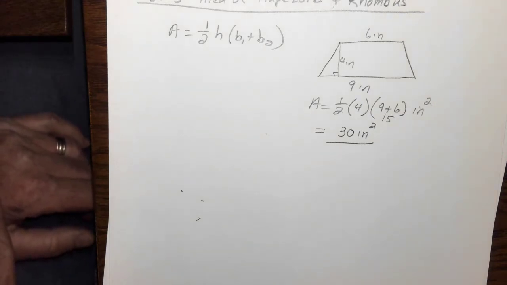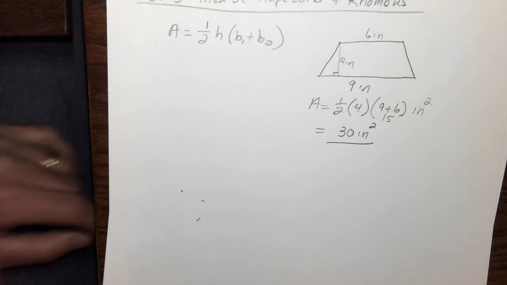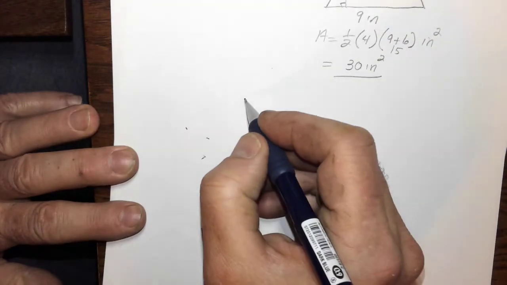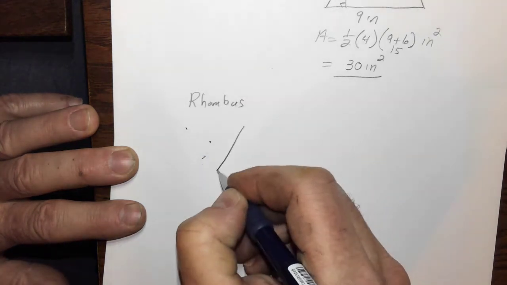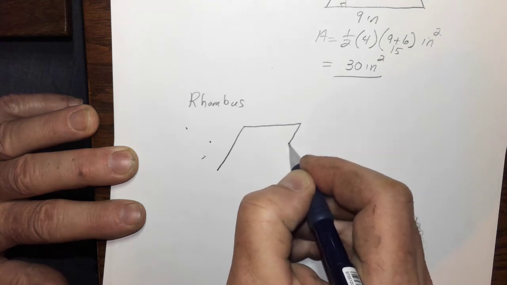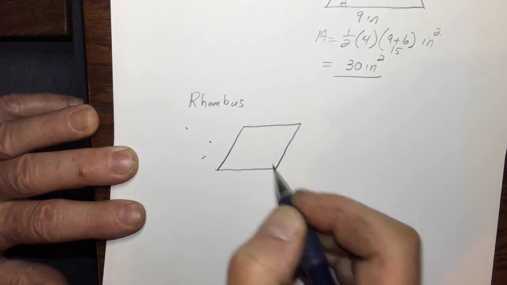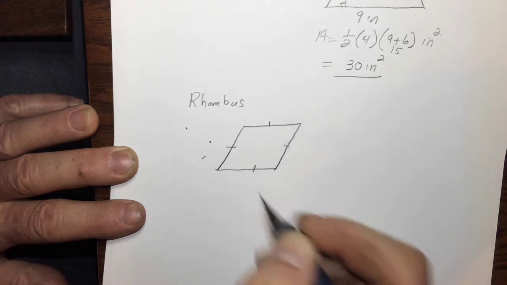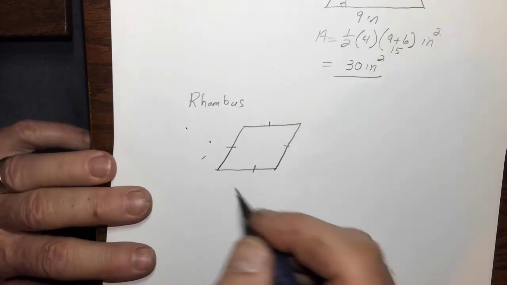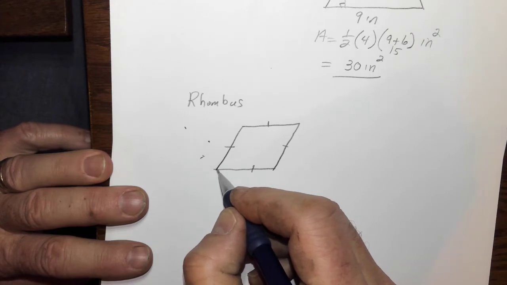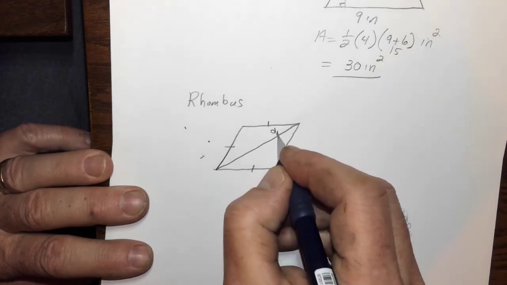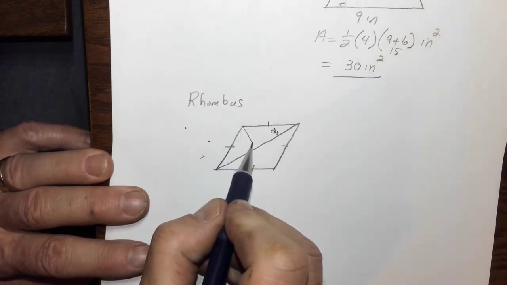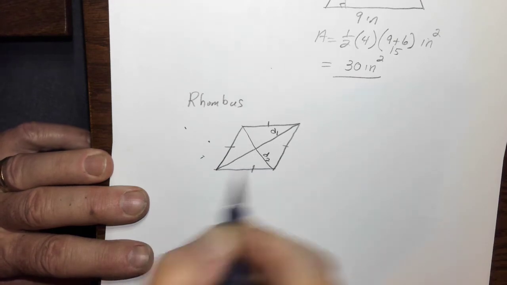Okay? That's really what there is to finding the area of a trapezoid. For a rhombus, if you remember what a rhombus is, it's a four-sided quadrilateral where all four sides are congruent, they're the same length. Through mathematics we can show, but I'm not going to because it takes way too long, we have two diagonals. We have a long diagonal, I'll call that diagonal 1, and then we have this diagonal, which I'll call diagonal 2.